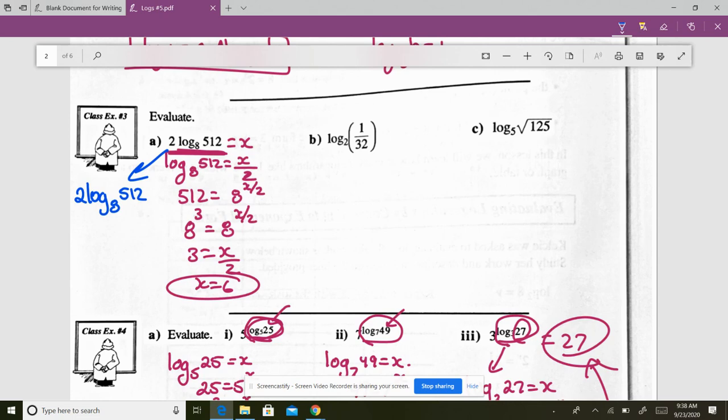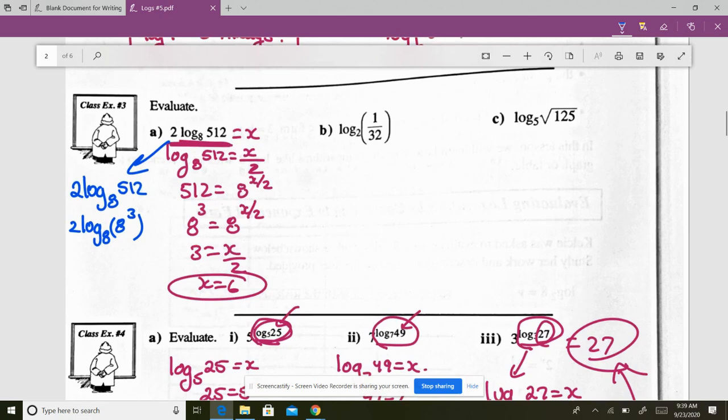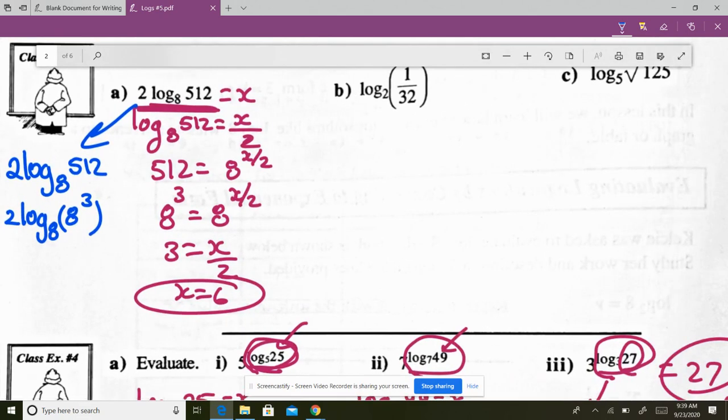So I can rewrite this as 2 log 8 of 8 to the third. 8 to the power of 3 is 512. I haven't changed anything. Does everybody agree with that? So now, based on that rule, right?